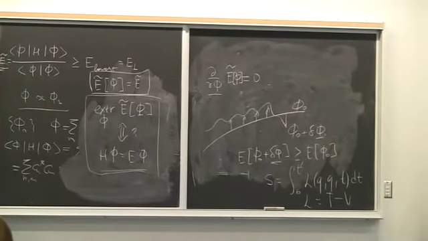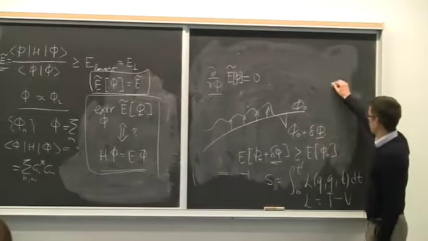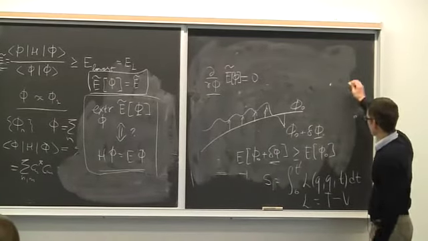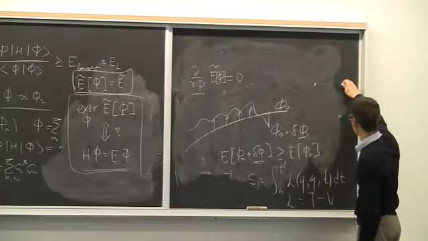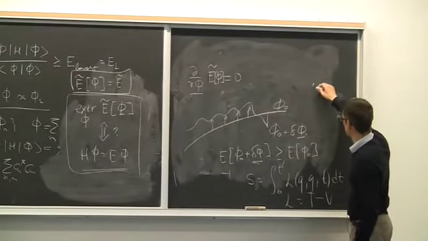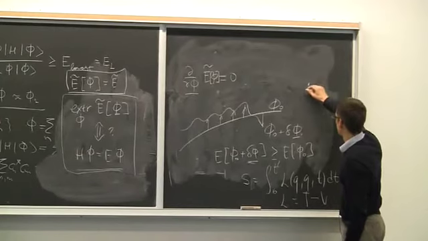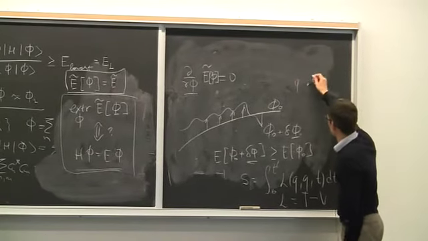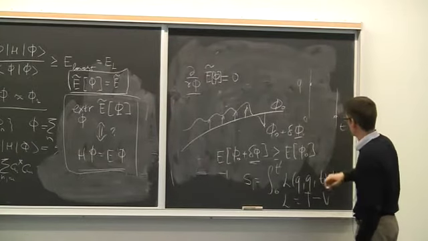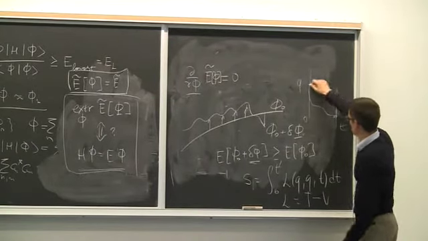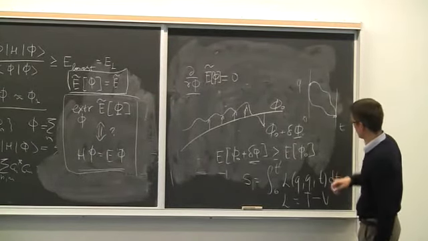Okay? Now, if you set up your initial conditions so that your particle moves from essentially some time 0 to time t, there are various trajectories it can take.